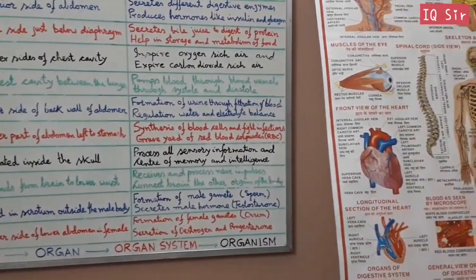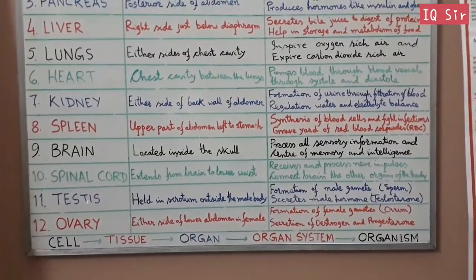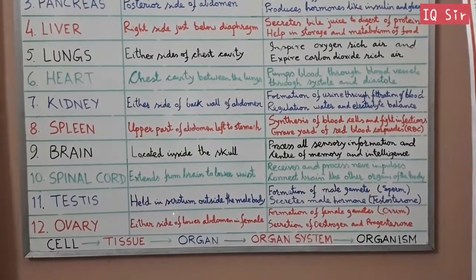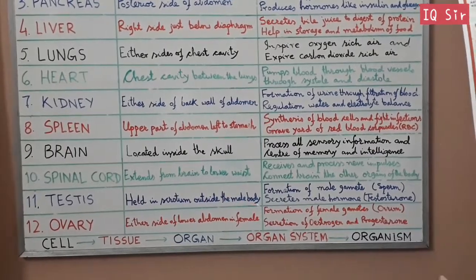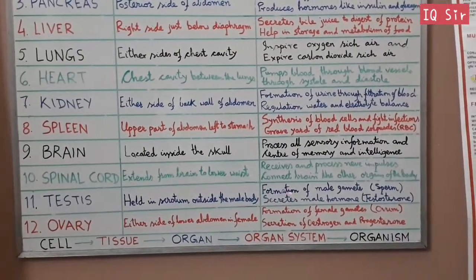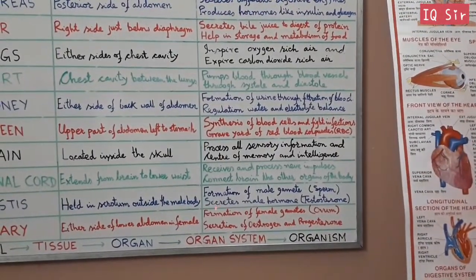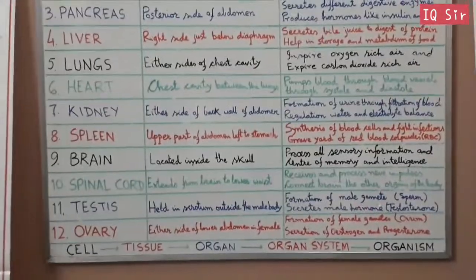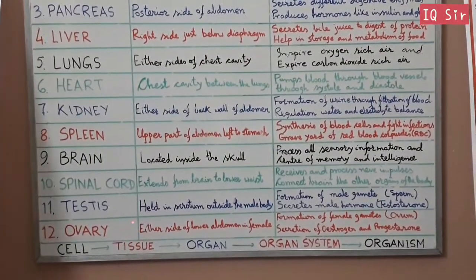Now the testes, which are found in male, are held in the scrotum pouch. They are outside the male body, and their function is formation of male gametes, that is sperm, as well as secreting the main hormone, testosterone. Now the ovary is found in the female only.